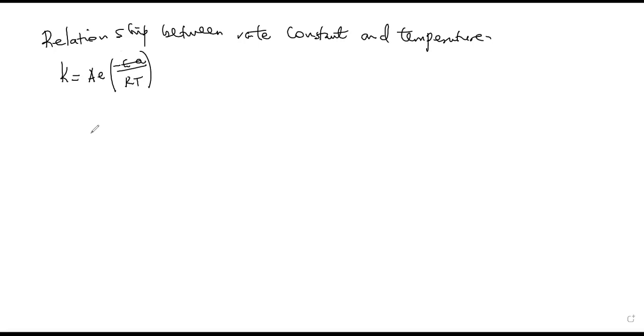You noticed that the rate constant varies as that. So this is called the Arrhenius equation.